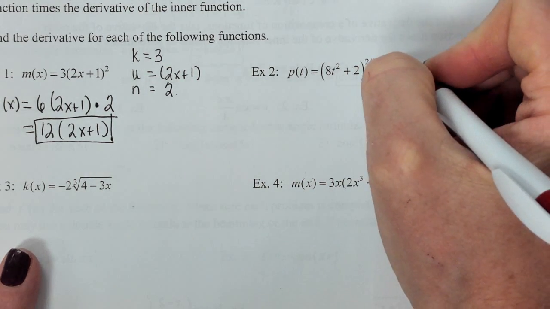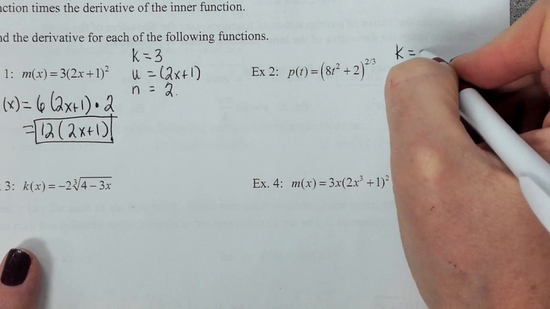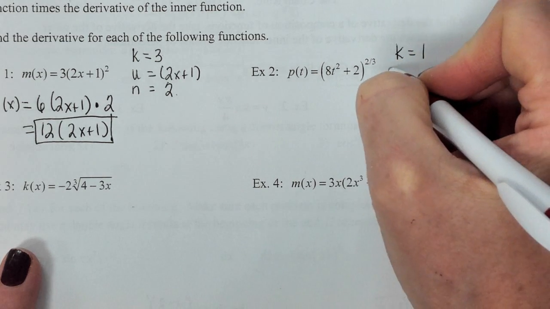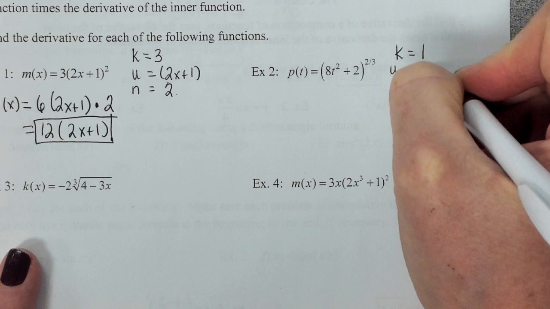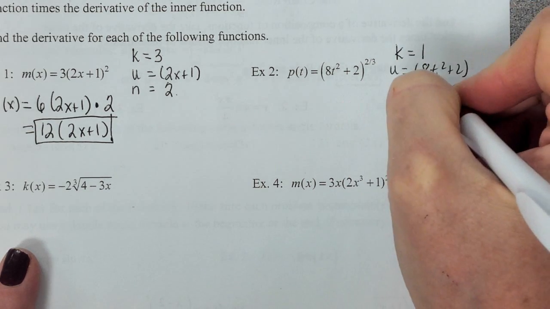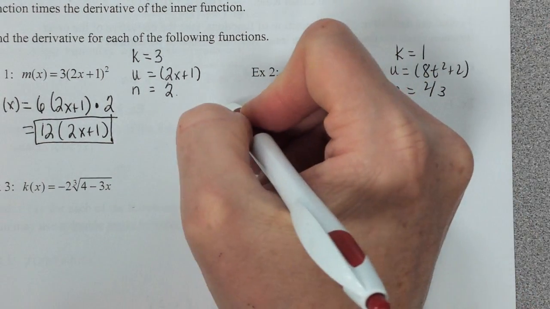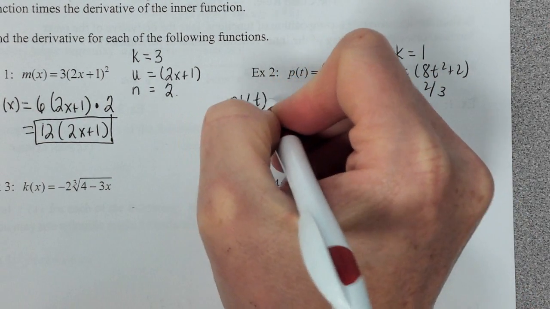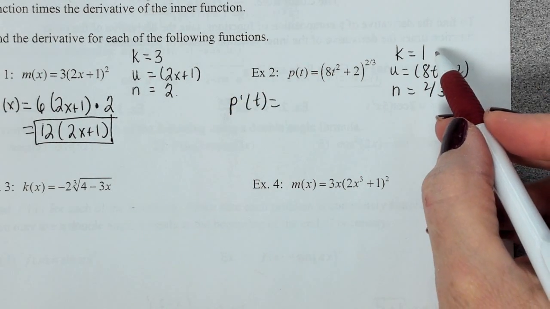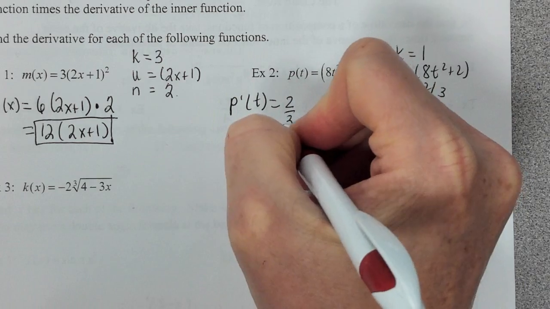So we have to, again, identify k. K is what's in front of the parentheses, so what is it? U is the parenthesis value. N is the exponent. So now to find our derivative, just following our formula, it's going to be k times n, which is 2/3.